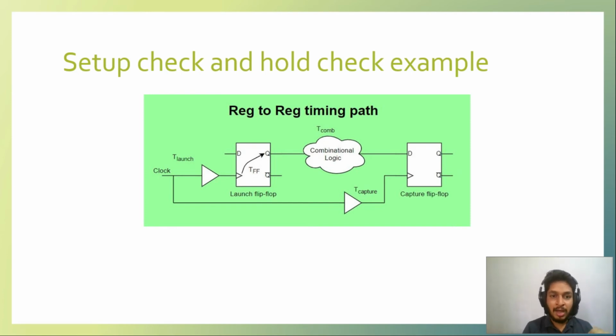I have made it a small block, but there could be multiple combinational logic blocks. Okay, so now what do I need to ensure? The first thing is that the data can take one clock cycle to propagate from this flip-flop to the next flip-flop, which means it cannot be later than one clock cycle. That is true. And we also came to know that data cannot take one complete cycle, because there is some setup time for this flip-flop, which means there is some propagation delay inside this flip-flop, which we have seen already, right?